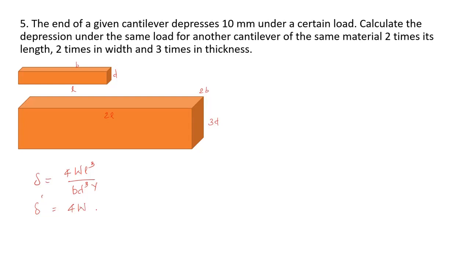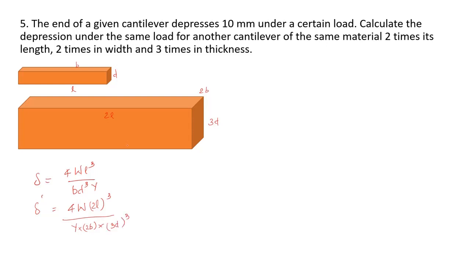The weight is the same, but the length has become twice, so 2L the whole cube, divided by the breadth, which has become twice, so it is Y into, instead of b, 2b, and the depth has become 3 times, so 3d the whole cube.